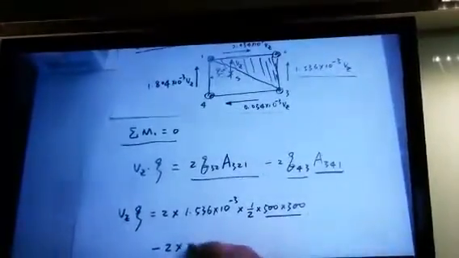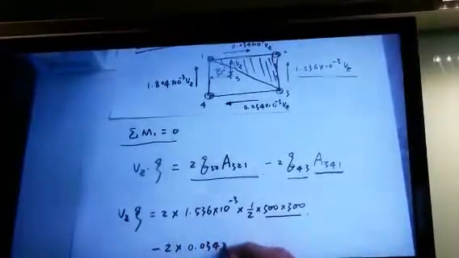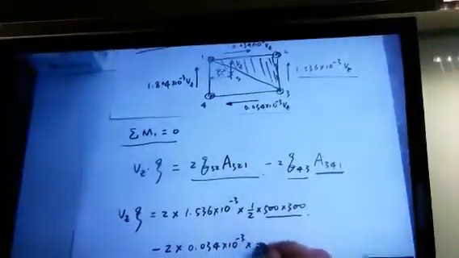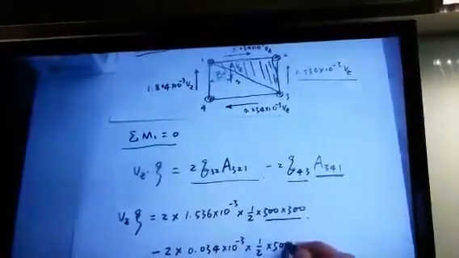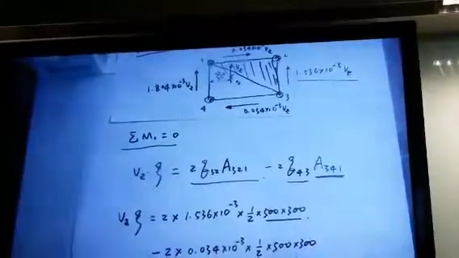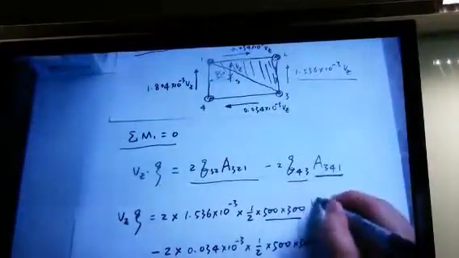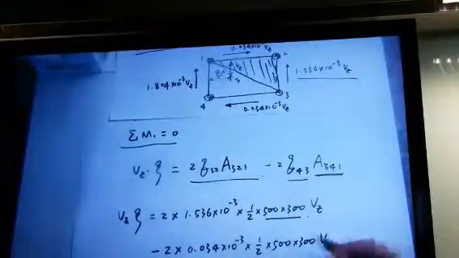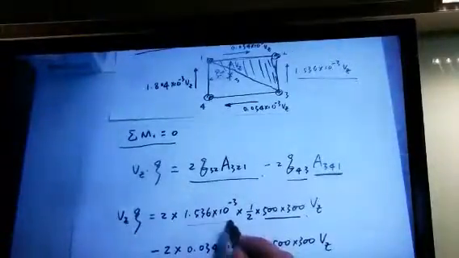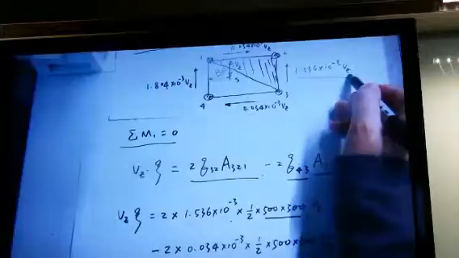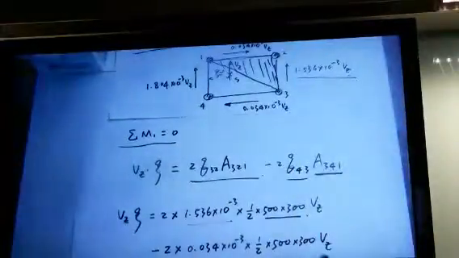Q43 is this much, and the area is the same, 1/2 this rectangular area. Okay? There's a Vz. I dropped the Vz because this is a coefficient. This shear flow is a function of Vz, so the second term also has a Vz.